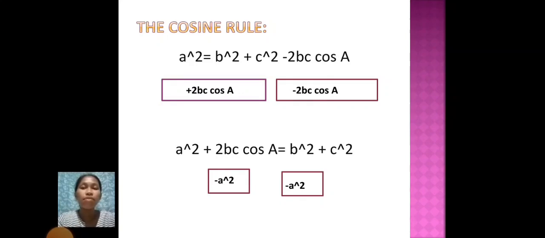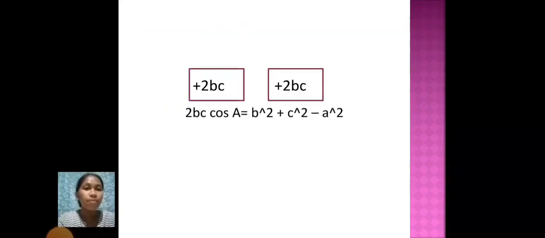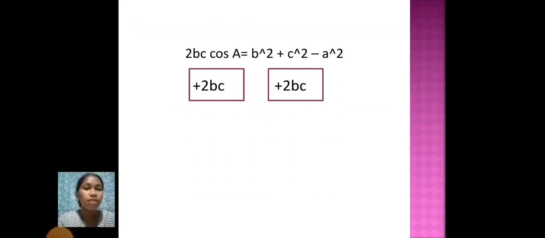All we have on the right-hand side is b squared plus c squared, as the original, minus 2bc. So we have 2bc cosine A equals b squared plus c squared minus a squared.